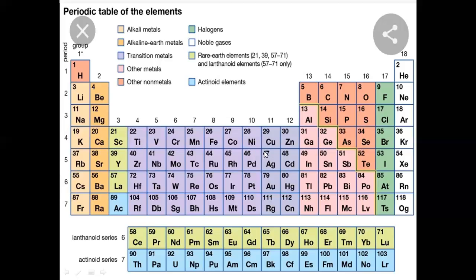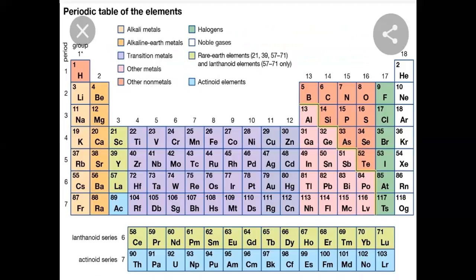How many groups are there in the periodic table? According to the numbers, they mention 18 groups, since there are 18 vertical columns, but the actual number of groups is 16.